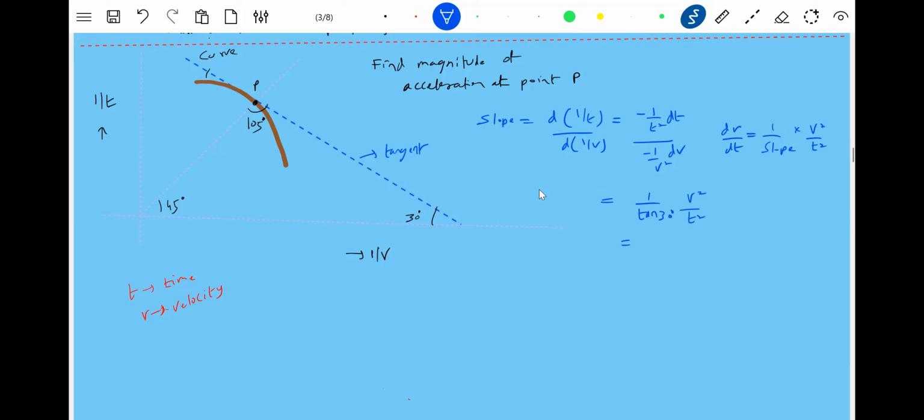And look at this curve. It will give a relation between 1 by t and 1 by v at point P. So at point P, 1 by v equals 1 by t, or v equals t. Therefore, finally, this is the acceleration, since dv by dt means acceleration.